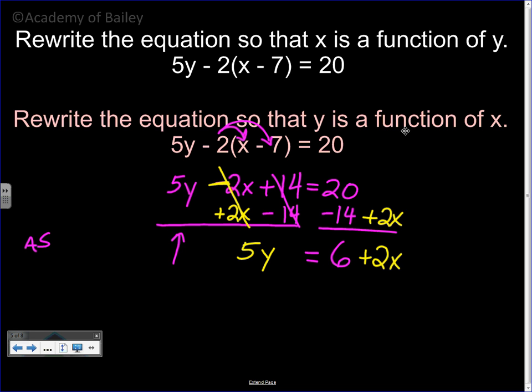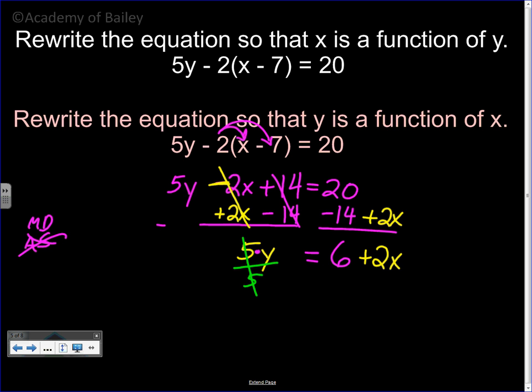Trying to get y by itself, we have worked out all of the addition and subtraction. Now let's get rid of the multiplication and division. In this case, we only have multiplication right there. 5 times y, which is the opposite of multiplying by 5. You guys are right on it today, dividing by 5.